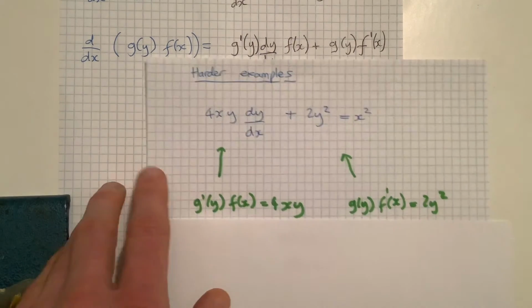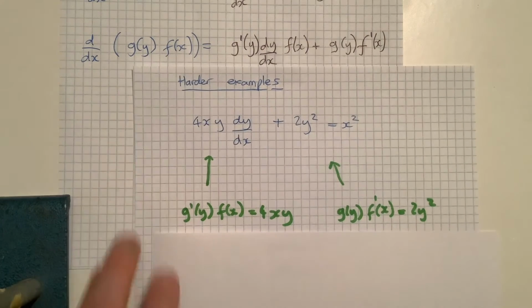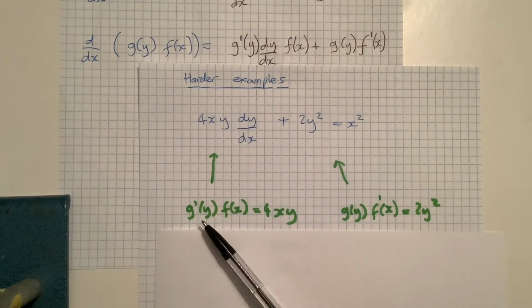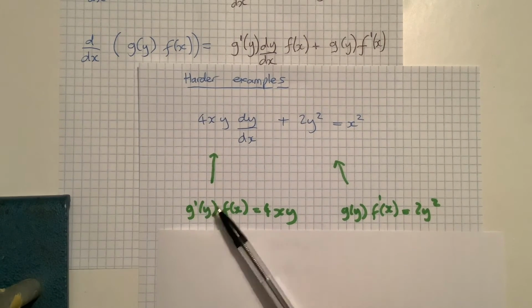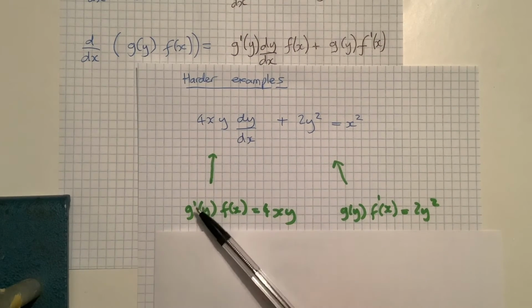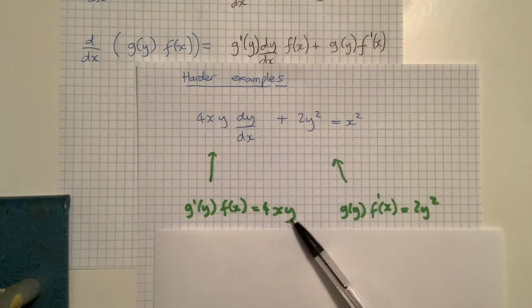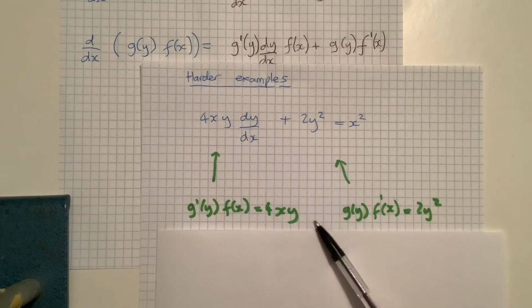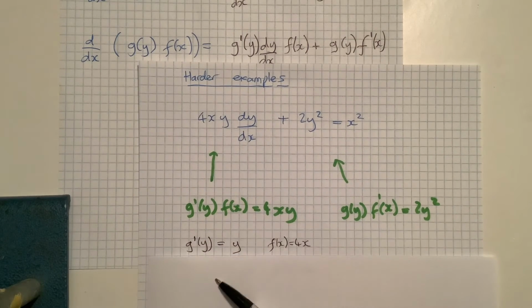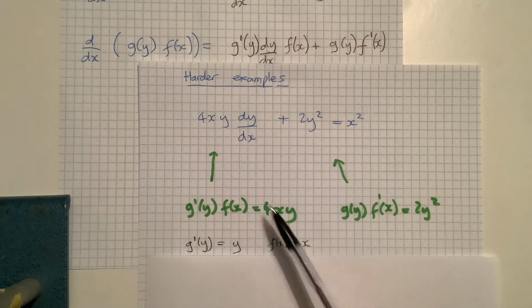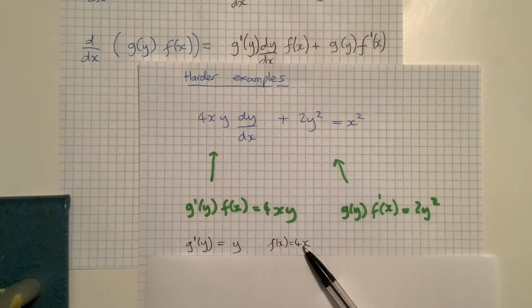So looking at these then, I've got g of y here, that's a y, g dash of y here, that's a y function. So what about if I thought that g dash of y was just y, and the f of x was 4x?